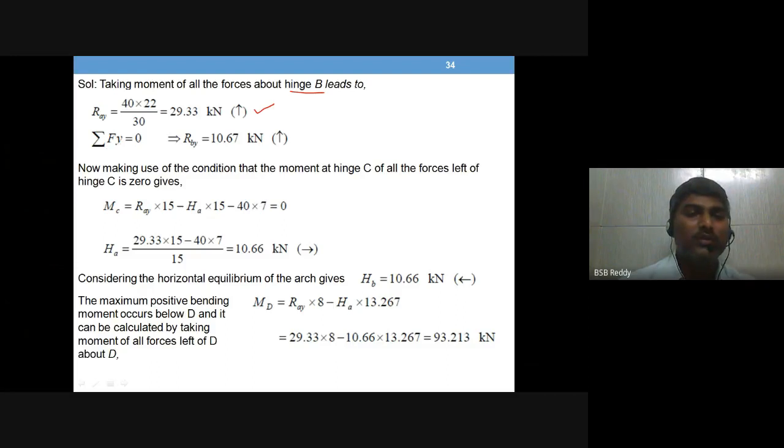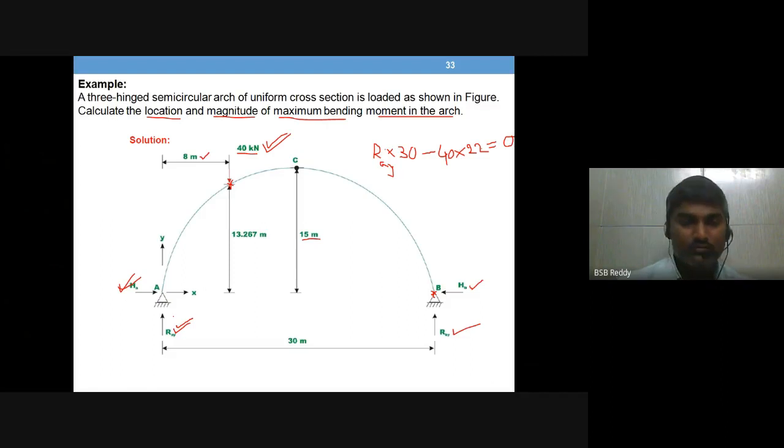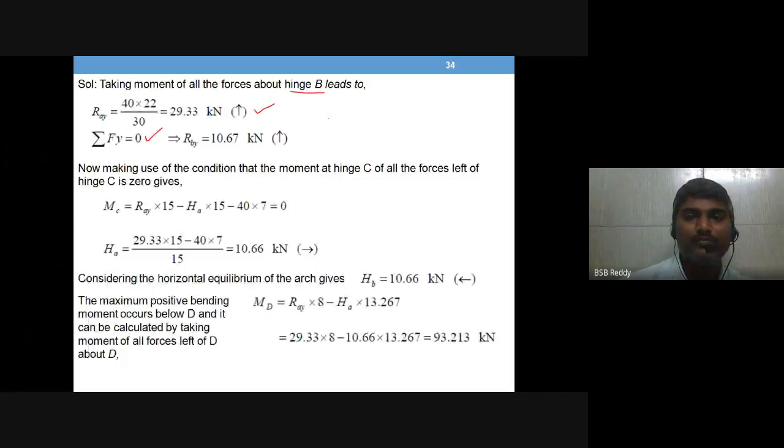Now sigma Fy equal to 0 you are using. So that will give you RAY plus RBY, the two vertical reactions, minus 40 is equal to 0. That is the equation.